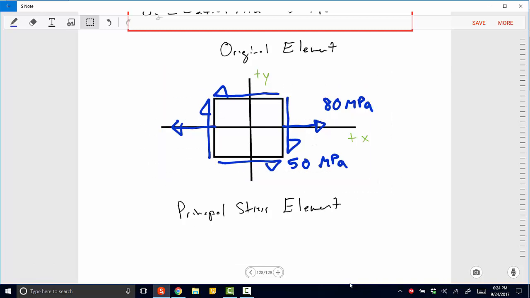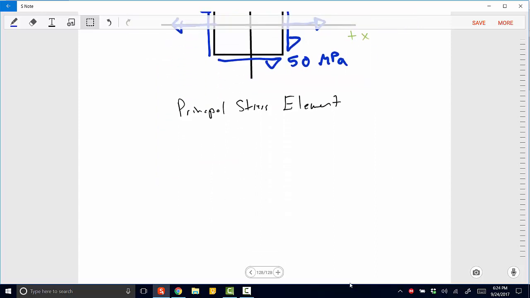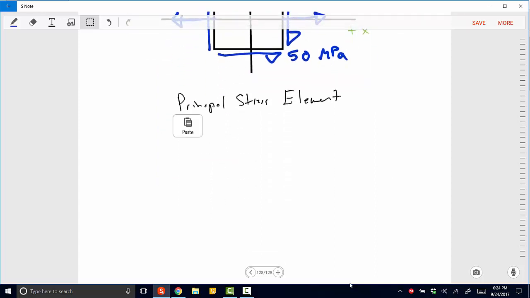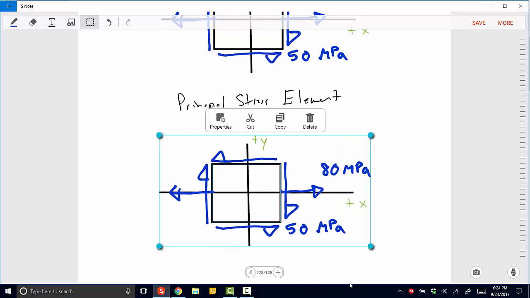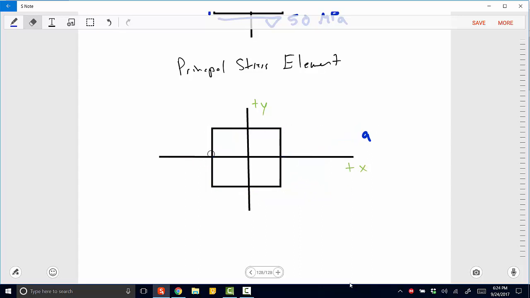Now let's create our principal stress element, which is a rotated element that's rotated at the principal angles to produce just normal stresses, to produce just our principal stresses. So let's erase these things here, and let's delete that. And let's draw a line. Oh, here we go.